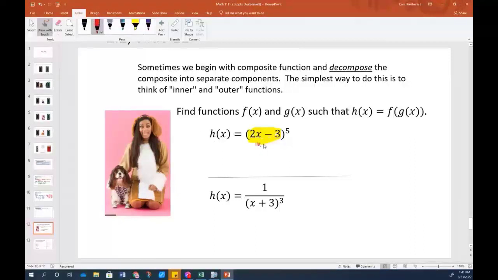That in yellow is the inside. So my inside is right in there. So we're going to make g of x be the inside function. So g of x is equal to 2x minus 3.